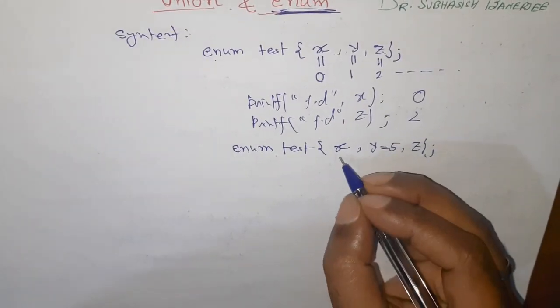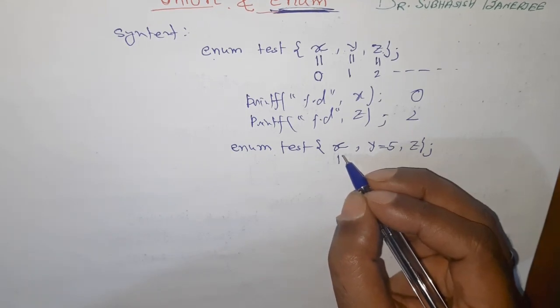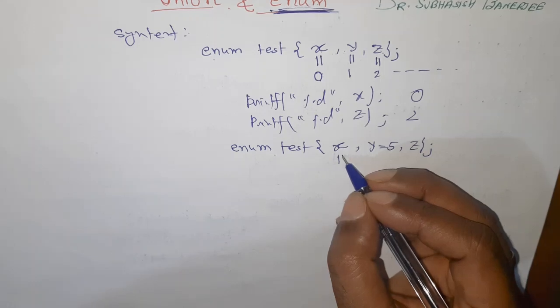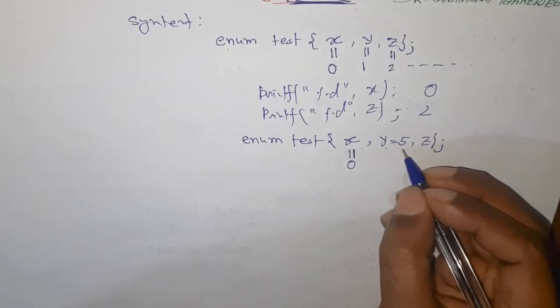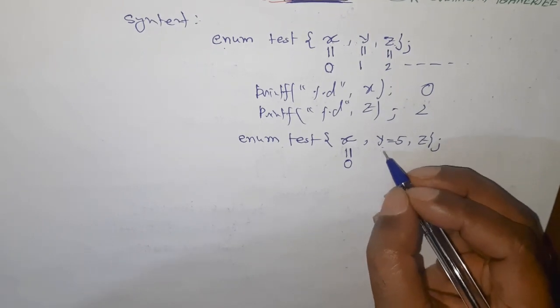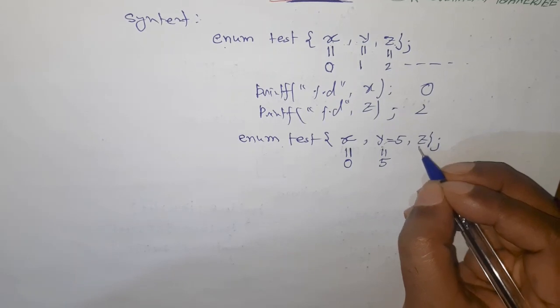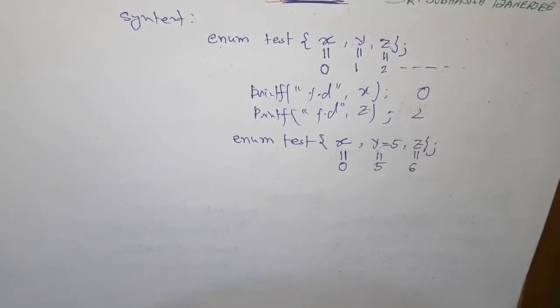We know the computer by default will start assigning from 0 and it will continue one after another. So x will be assigned 0, but as soon as we have specified y equals to 5, the 5 will be assigned against the identifier y, and for z it will assign the next constant value, which is 6, and so on.